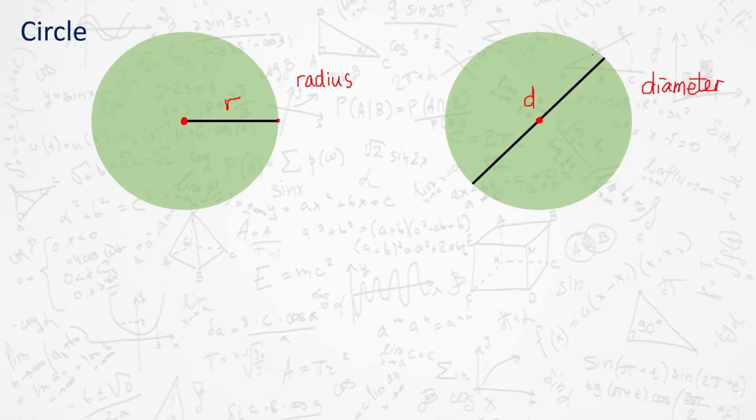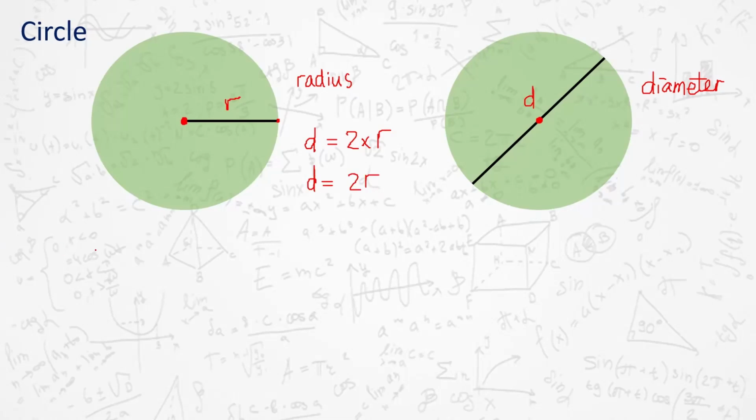This is a line that goes through the center of the circle. As you can see, obviously, the relationship between diameter and radius is diameter equals twice my radius, which is why sometimes you see d equals 2r.